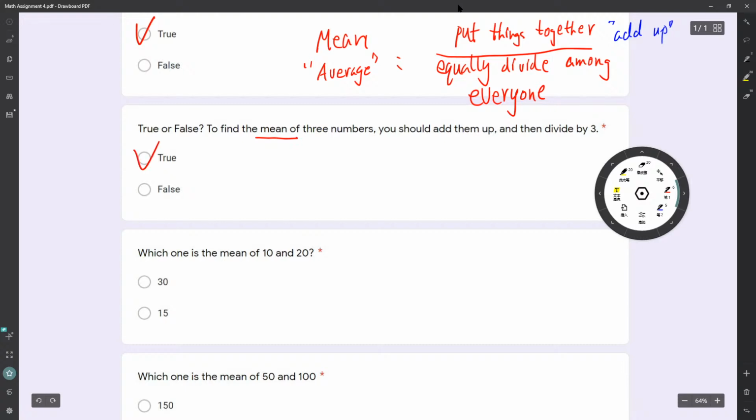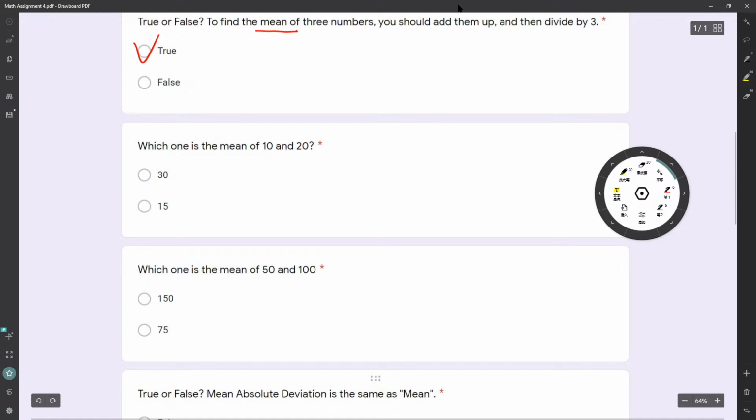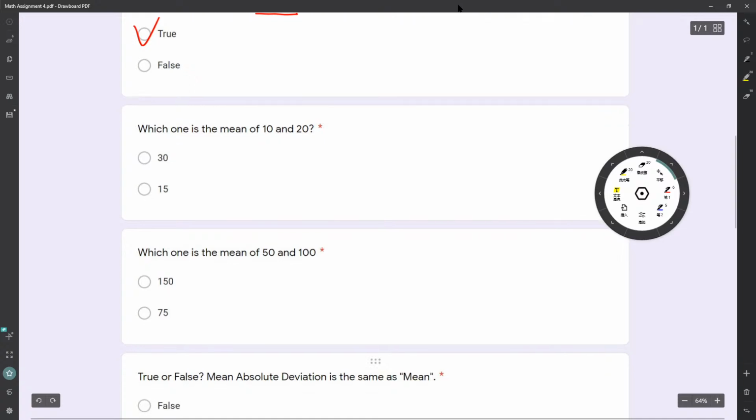And this is true. Next, which one is the mean of 10 and 20? So we just learned that if we have a 10, that's one number, and 20. Just imagine you have 10 candies and your friend, Bob, has 20 candies.